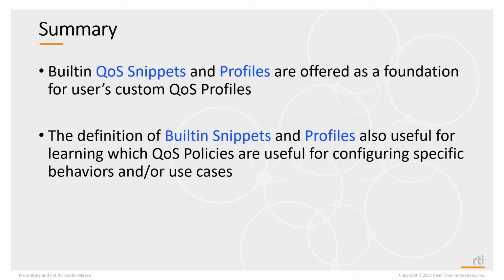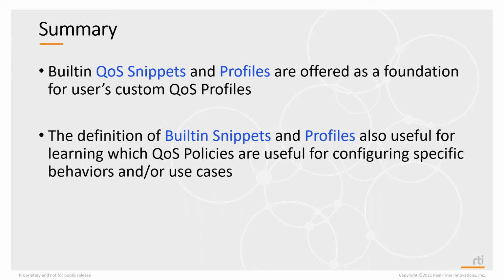In summary, built-in QoS snippets and profiles are being offered to be a foundation for you to build your own custom QoS profiles. The definitions of built-in snippets and profiles are very useful for learning which QoS policies are useful for configuring specific behaviors and use cases. Often you're going to have to make some modifications, some adjustments, even though you're starting with a built-in snippet or a built-in QoS profile.